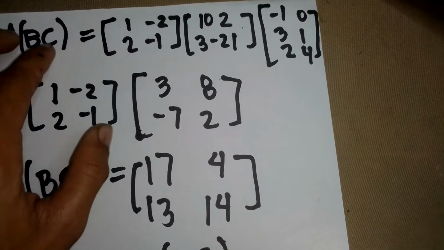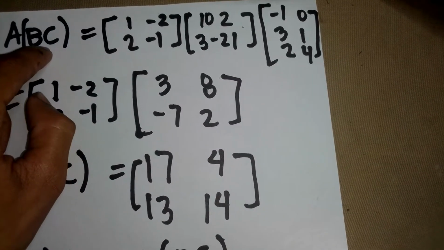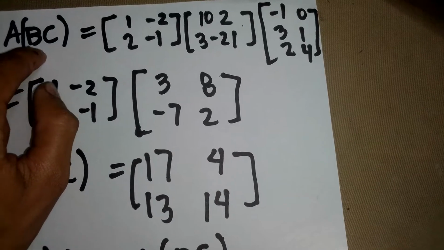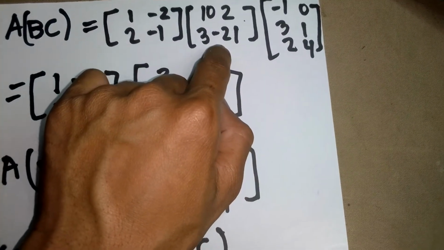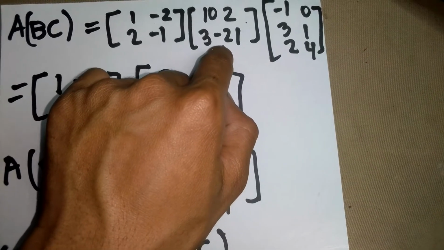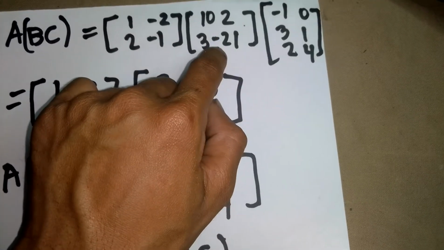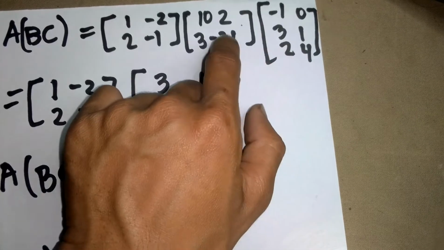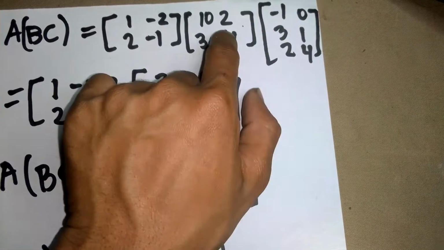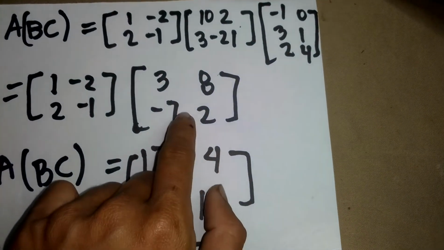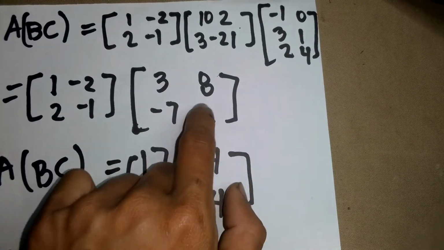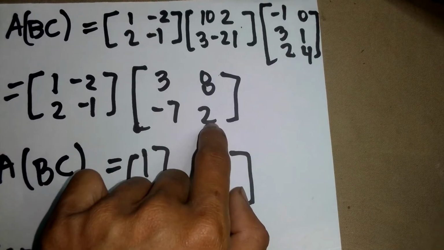So, first we get the value of quantity B and C. As with the process we did for the previous example, we multiply these two matrices, the value of matrix B and the value of matrix C. We get 3, 8, negative 7, and 2.